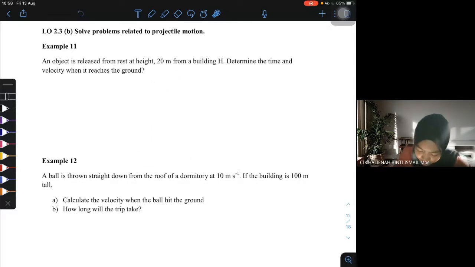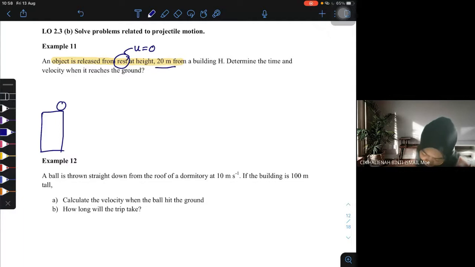But this one, if you read here, the object is released from a certain height, which is 20 meter from a building. So let's say this is the building. We have an object here, and they release it from rest. From rest means the initial velocity is zero.